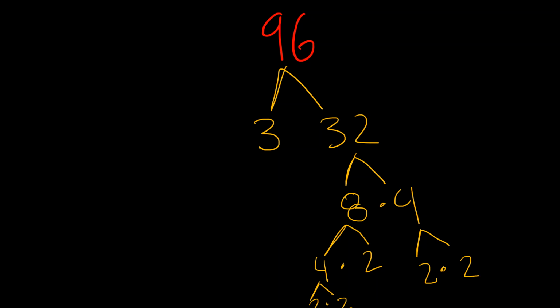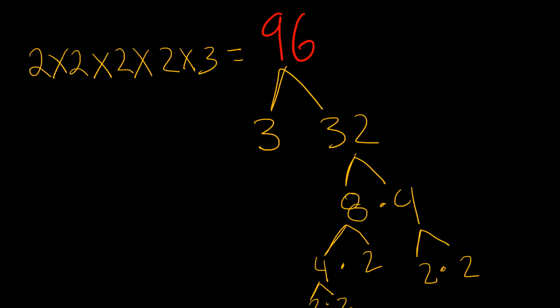So we have 1, 2, 3, 4, 5 2's and a 3. There should be another 2, excuse me. So 5 2's and a 3 gives us 96. You can always multiply this out to test if you got the right number.